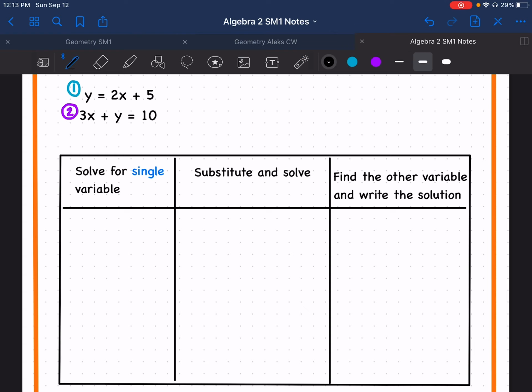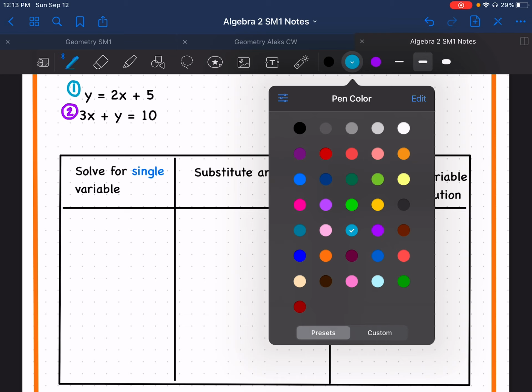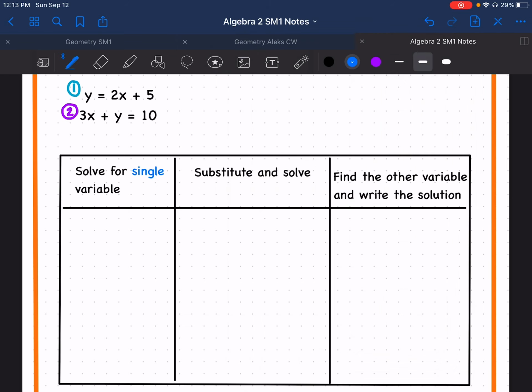So a single variable would look like x equals or y equals. If you can find one of the equations that says x equals or y equals, that is the best for your single variable.